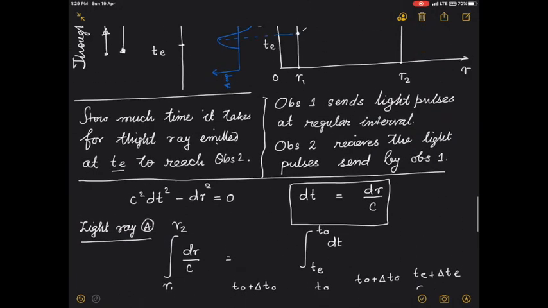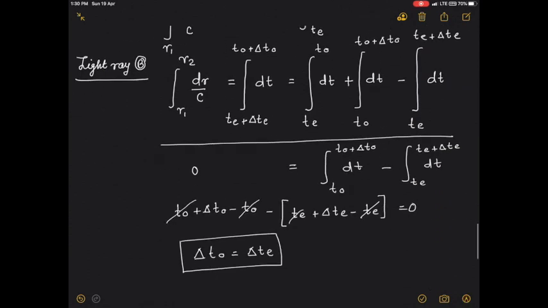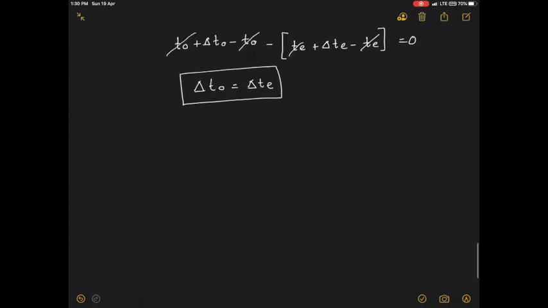Such a wonderful result, and there is no surprise in that, just because we are essentially saying what is being observed here: the time interval between the two successive maxima of a sinusoidal electromagnetic wave is exactly the same for observer 2 as for observer 1.